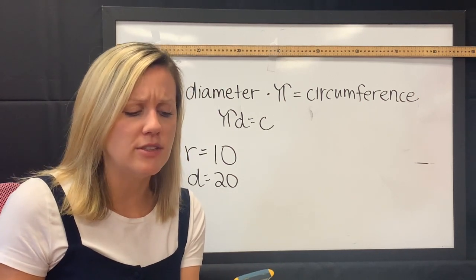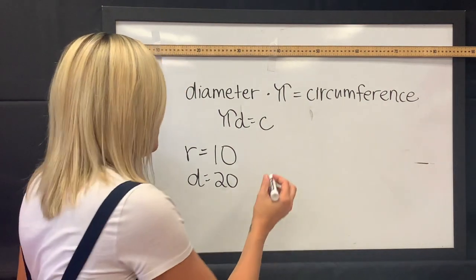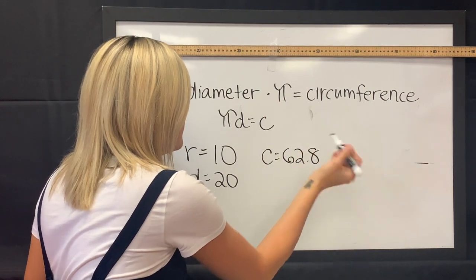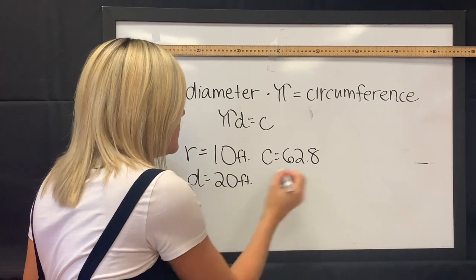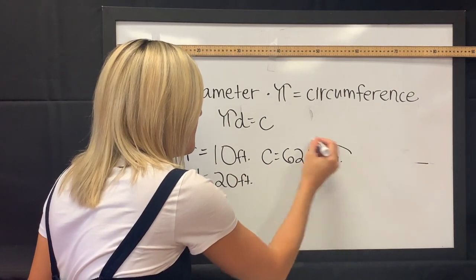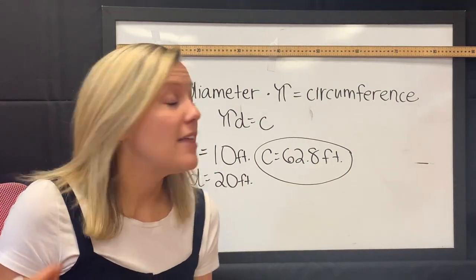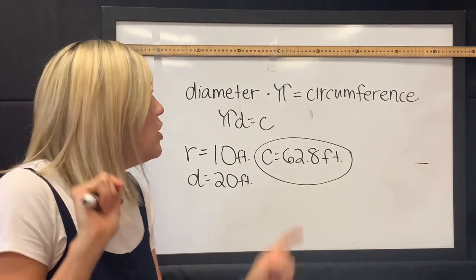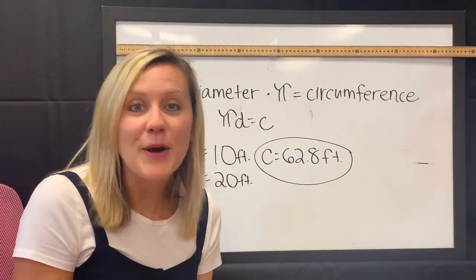I'm going to round it to the nearest tenth, and I'm going to get 62.8. And we can pretend everything is in feet. So that means if I had a random object and the radius was 10, the distance around the circle would be 62.8.